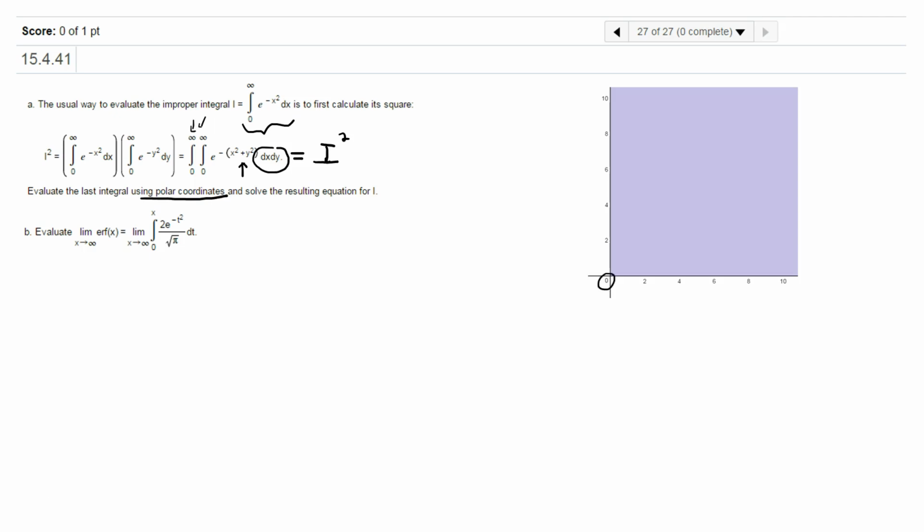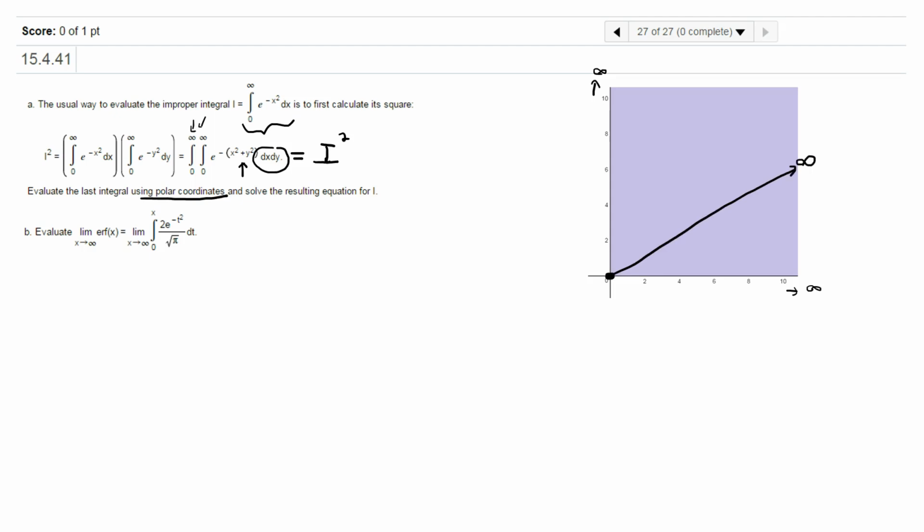X's go from 0 out to infinity. Y's go from 0 out to infinity. And we need to do this in polar. In polar, what we do is we execute a radial slice outward from the origin. That's our R slice. And so we go radially outward, but this goes out to infinity.